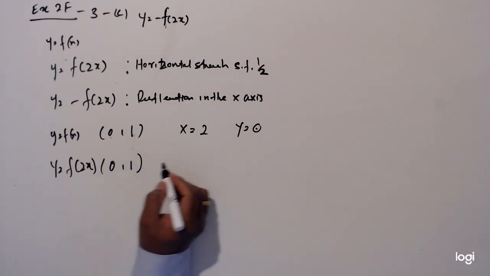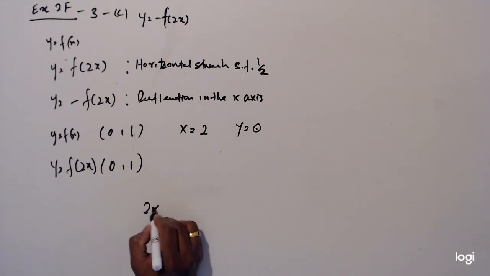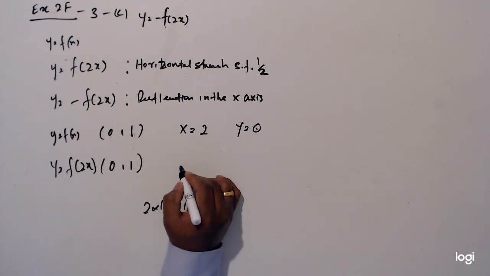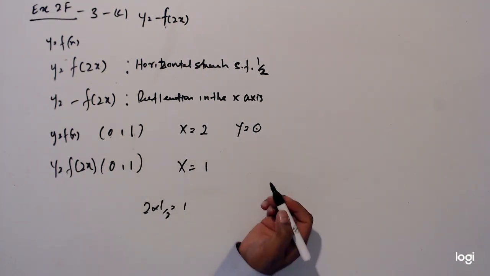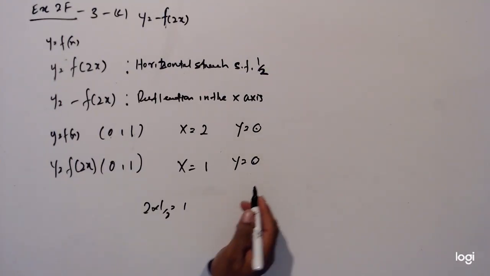The y value as it is. x equals 2 becomes 1, because 2 times half is 1. So now the new asymptote is x equals 1 and y equals 0 as it is.